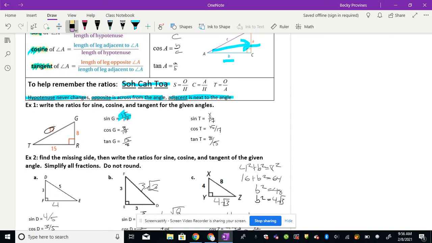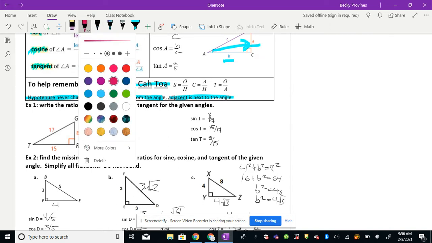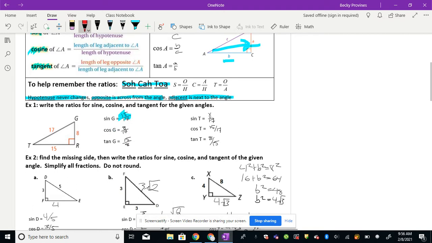All right, now we are working on angle T. If we're starting with angle T, we're looking for the sine, we'll start with the opposite. Now the opposite of T is going to be 8. Originally, 8 was the adjacent for G. Now that we're using T, it's the opposite over the hypotenuse, so that's going to be 8 over 17.